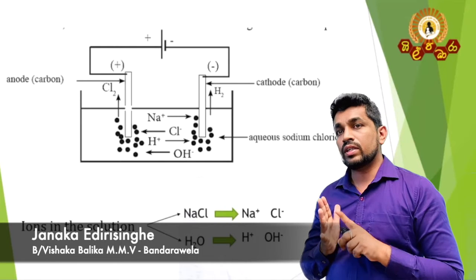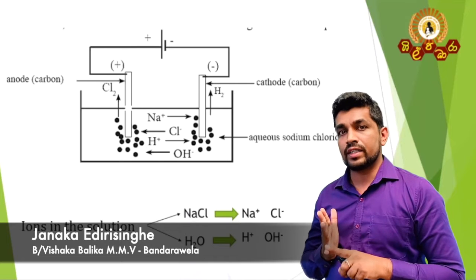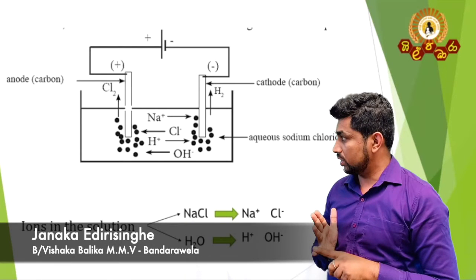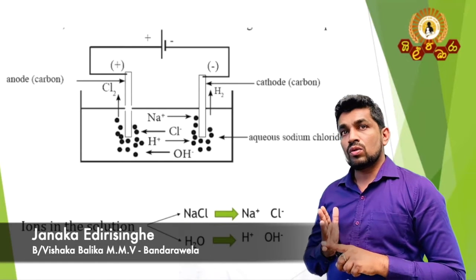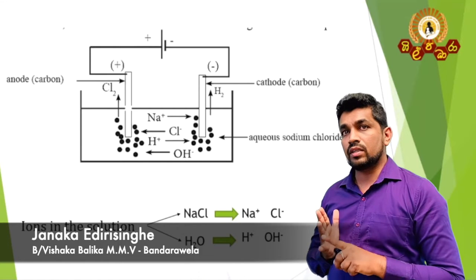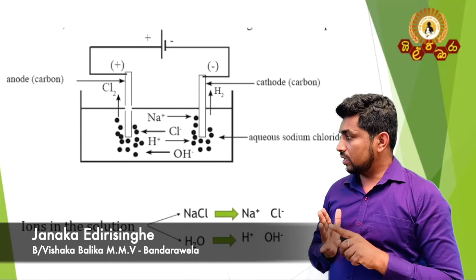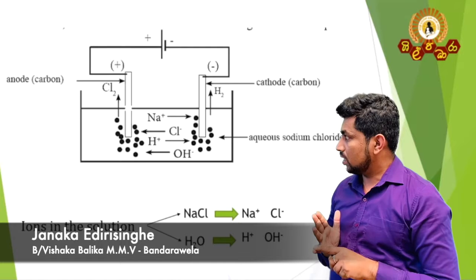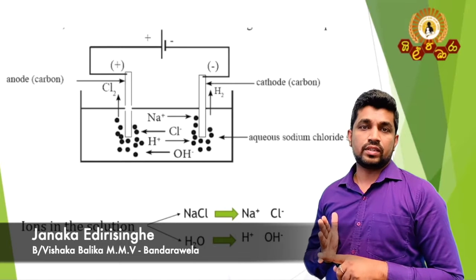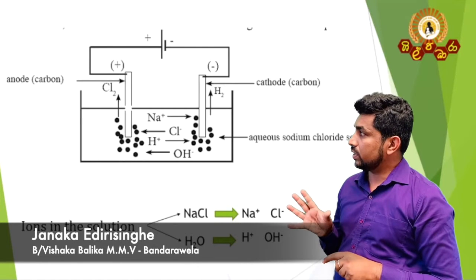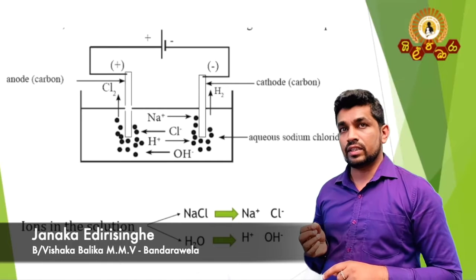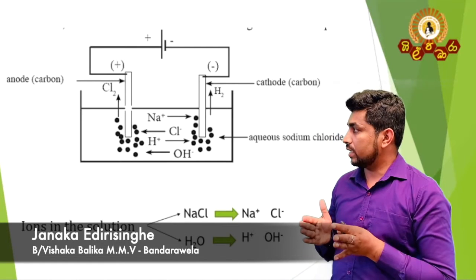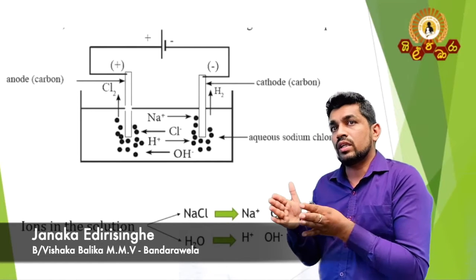So now there are mainly 4 ions within the solution here. What are they? One is the sodium ion, another is the chloride ion, another is the hydrogen ion, and the other is the hydroxyl ion. According to the conventions we studied earlier, positive ions migrate towards the negative terminal.